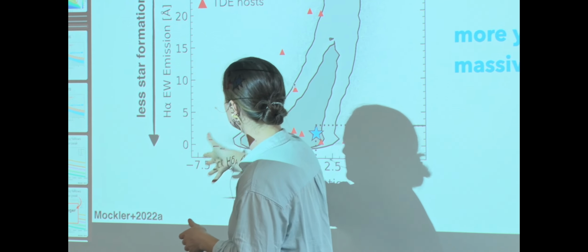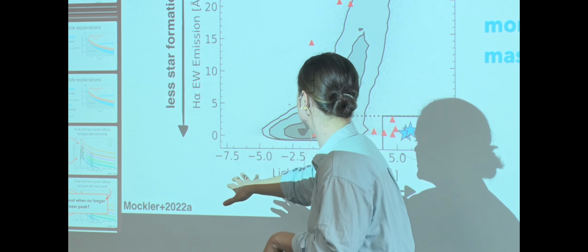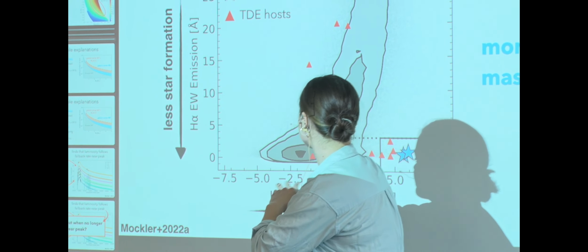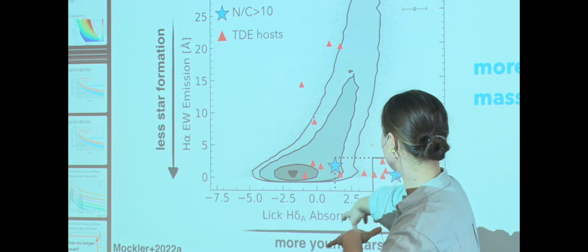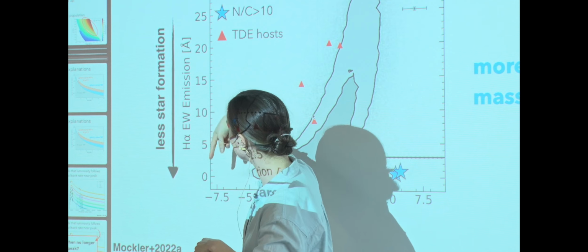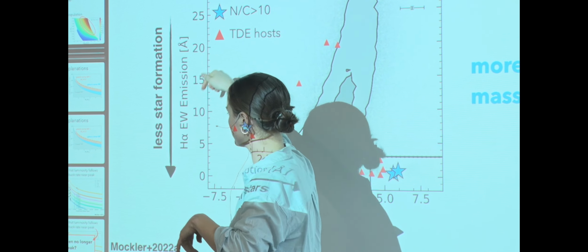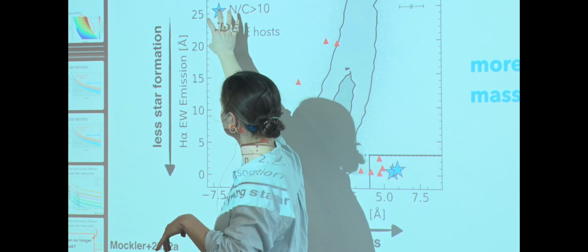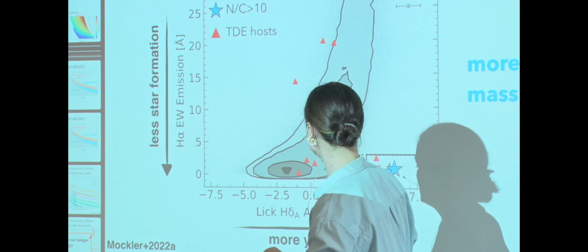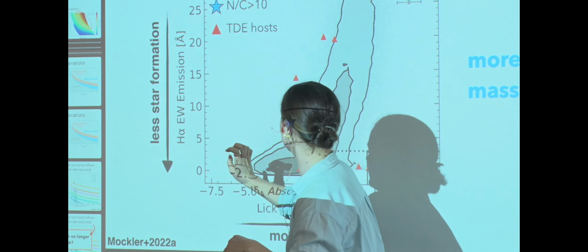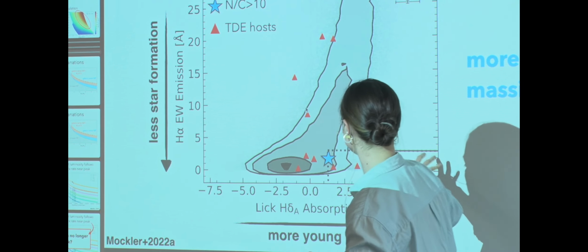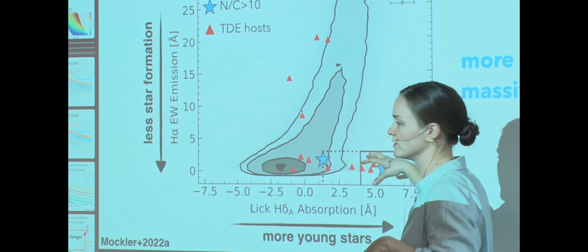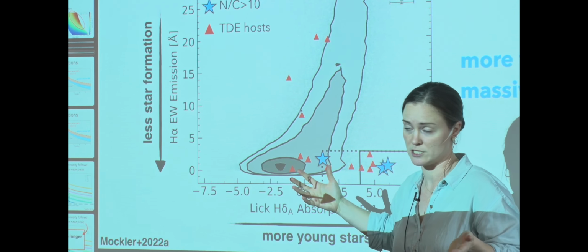So this plot is showing H alpha equivalent width emission versus H delta absorption here. As you go down in the plot, this is essentially a proxy for star formation. So there's higher star formation up here, lower star formation. As you go to the right, there are less young stars, more young stars. So if you're in this bottom right, you have a lot of young stars, but you're not currently star forming.